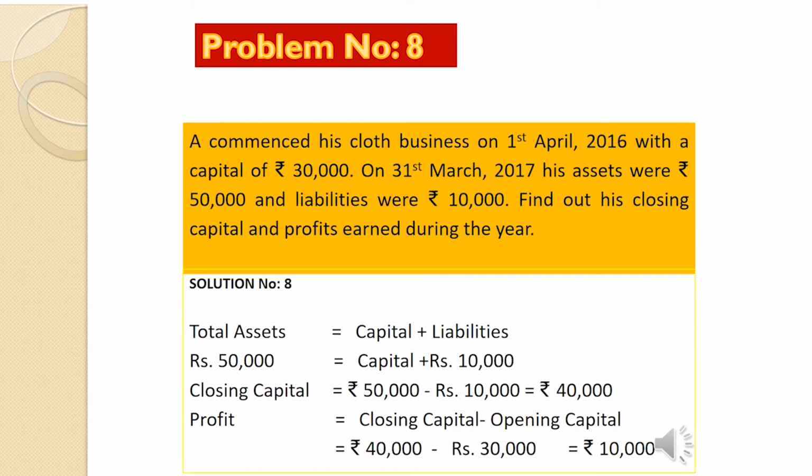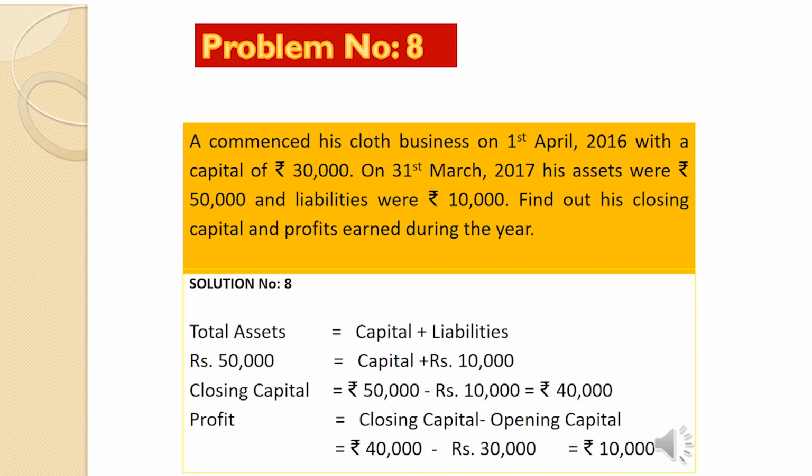Let us see how to calculate closing capital and profit earned during the period. Here A commenced his cloth business on 1st April 2016 with a capital of rupees 30,000. On 31st March 2017, his assets were rupees 50,000 and liabilities were rupees 10,000.